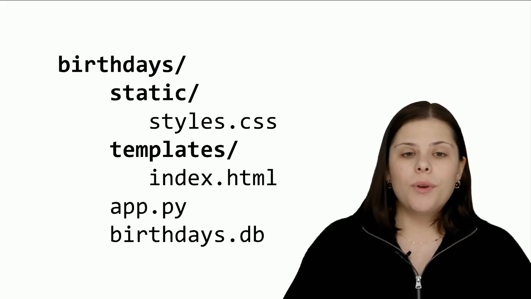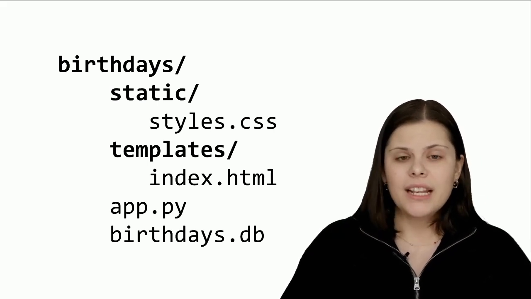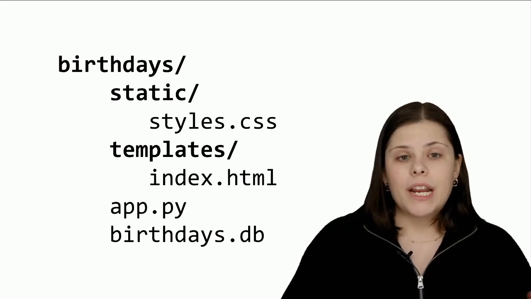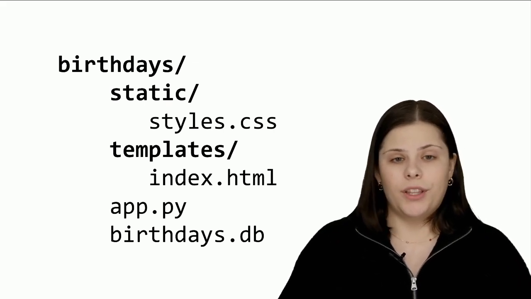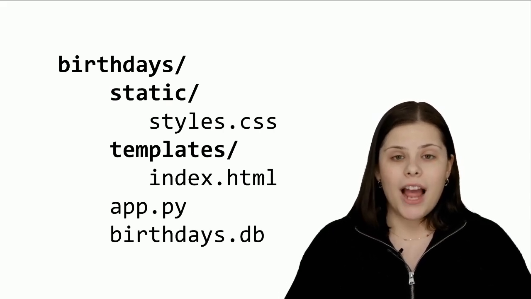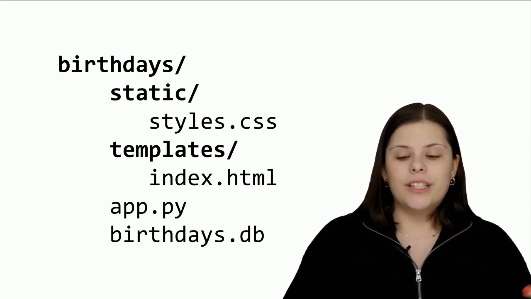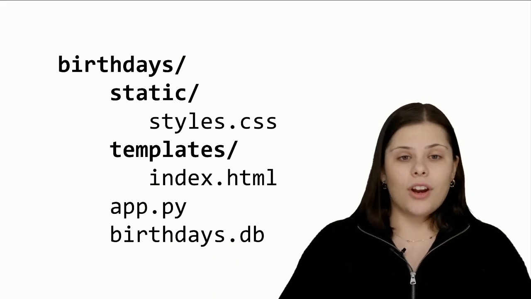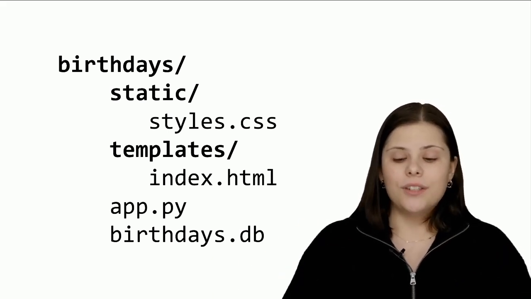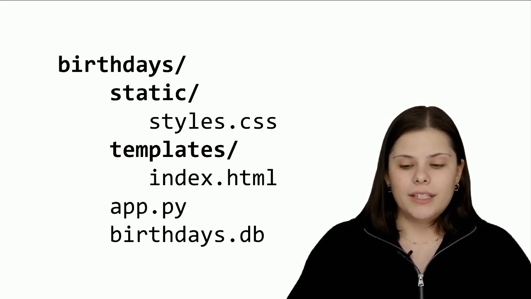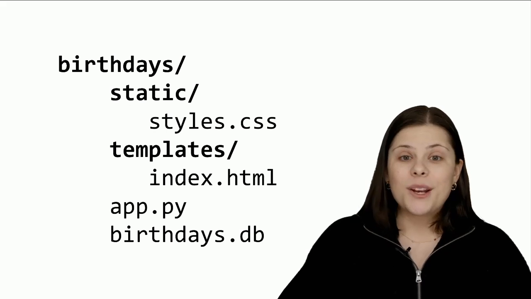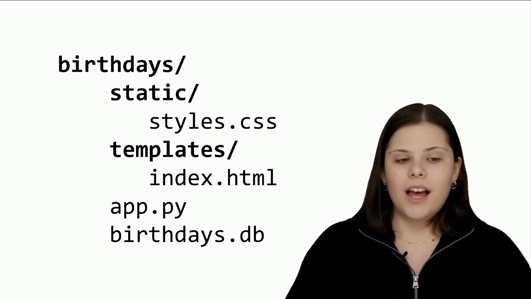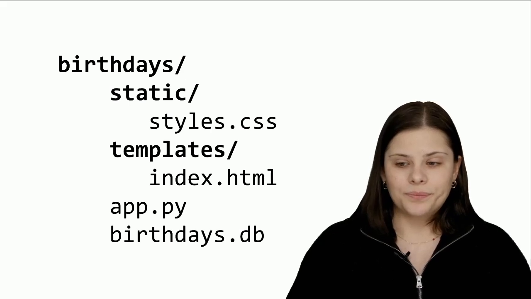So in this case, we only have one, index.html, but if you're creating more of them, templates is the folder where they would go into. App.py is that controller piece, right? That pieces everything together and makes all of these things interactive. And then birthdays.db or whatever other database you have is the last component here.